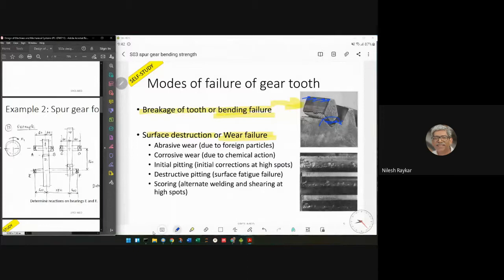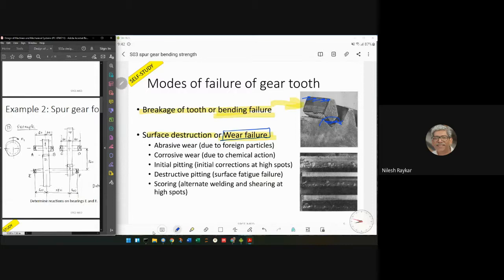The second mode of failure is wear failure, that is surface destruction, or the surface gets damaged because the teeth of the two gears are always getting in contact and losing the contact in every revolution. If the surface properties of the material are not proper, or for some different reasons, you will get destruction of the surface.